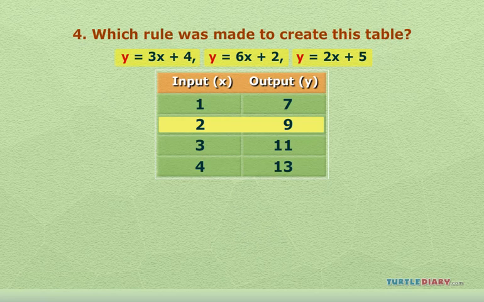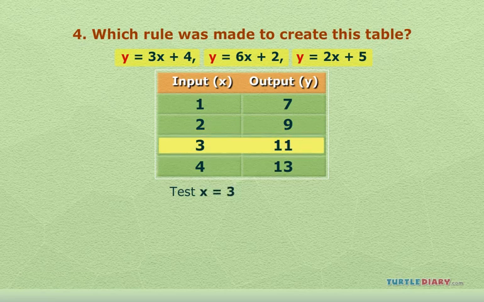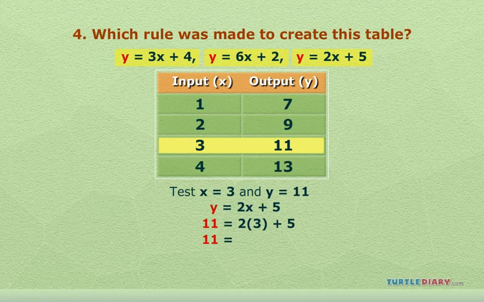To be positive, let's check the last two pairs. Test x equals 3 and y equals 11. y equals 2x plus 5. 11 equals 2 times 3 plus 5. 11 equals 6 plus 5. 11 equals 11.